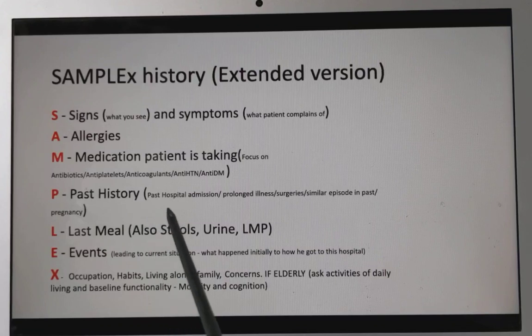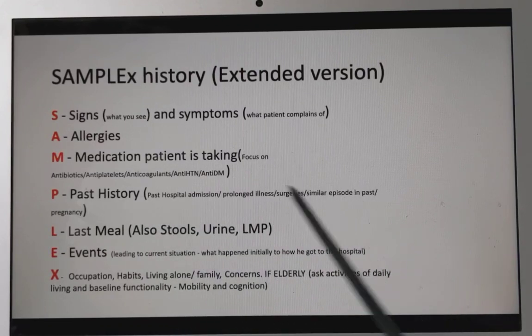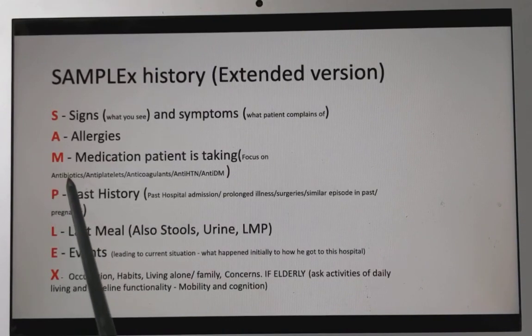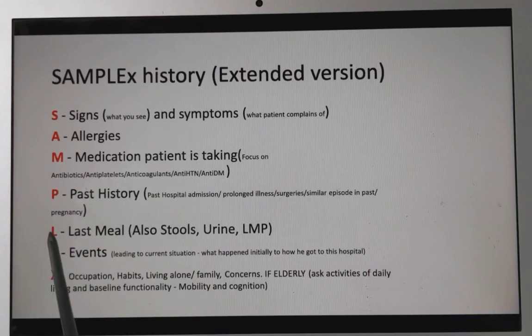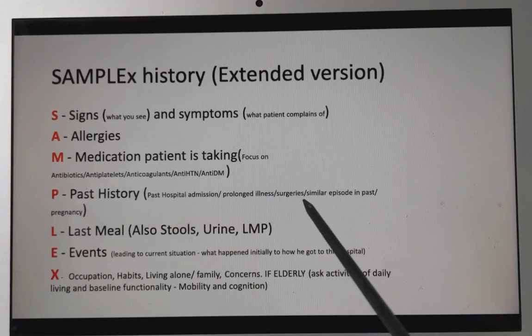Past history: whether any past hospital admissions, prolonged illness, surgery, or similar episodes in the past should be considered, pregnancy and all. Now, L is last meal, but we should also consider asking about last stools, last urine, and last menstrual period.